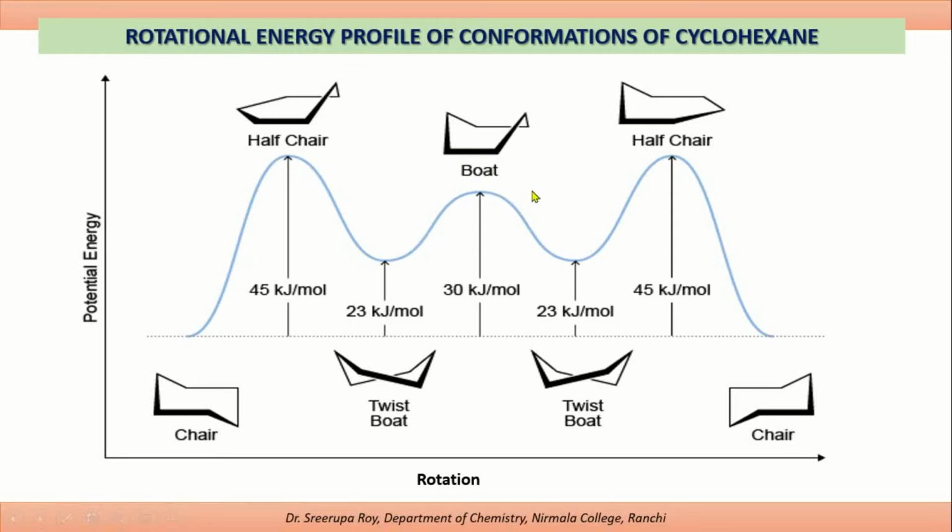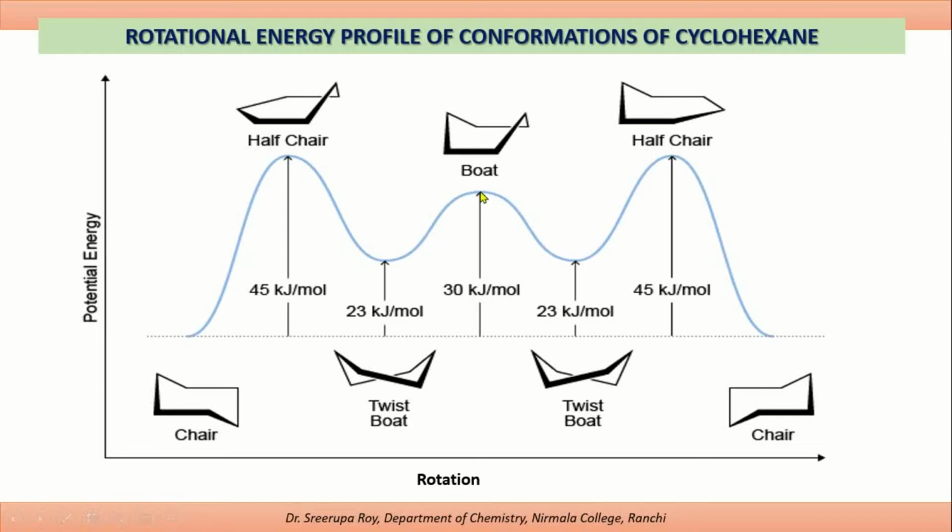Here we get the boat conformation. Clearly, the energy of the boat conformation is higher than the energy of the twist boat conformation, so it is less stable, but its energy is lower than the half chair conformation. Hence, it is more stable than the half chair conformation.